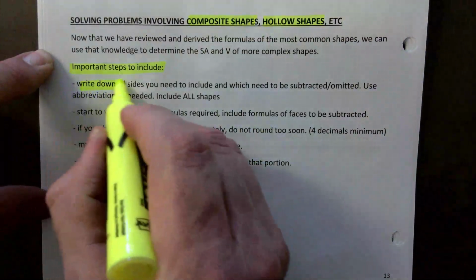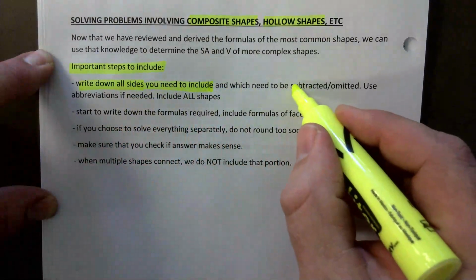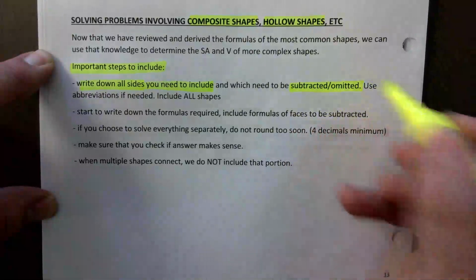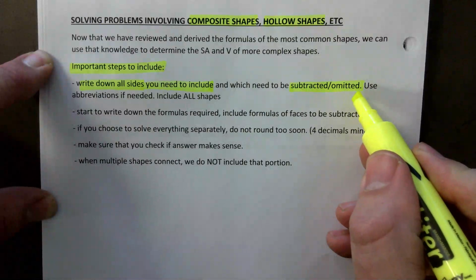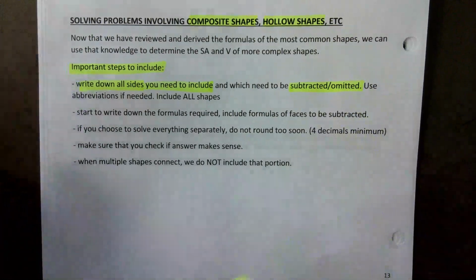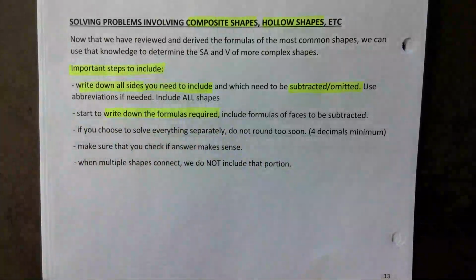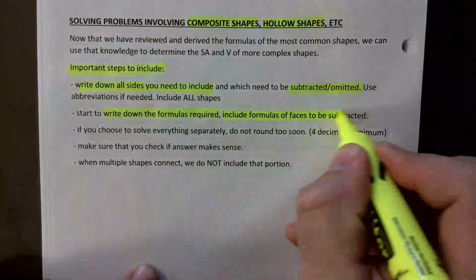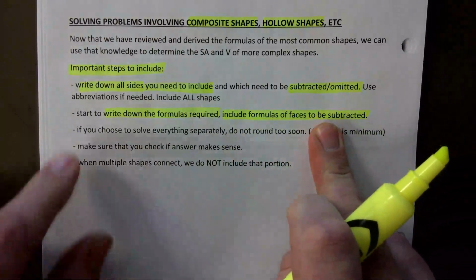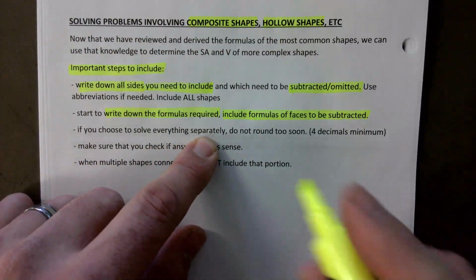I would write down all the sides that you need to include and which ones need to be subtracted or omitted, okay? I would strongly suggest you write down the formulas that you will be required. Include formulas for the faces that you're subtracting. If you choose to solve everything separately, do not round too soon.